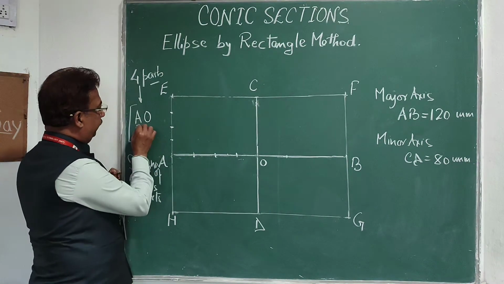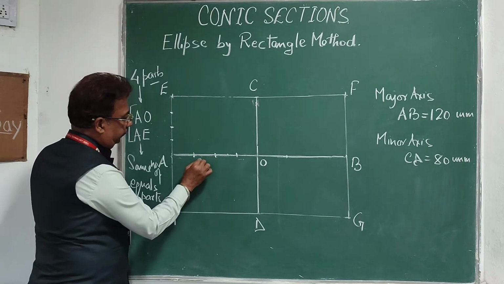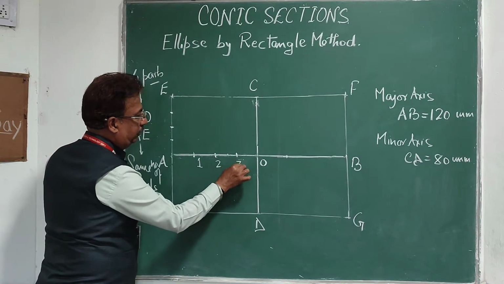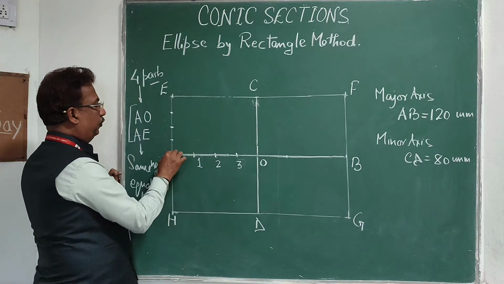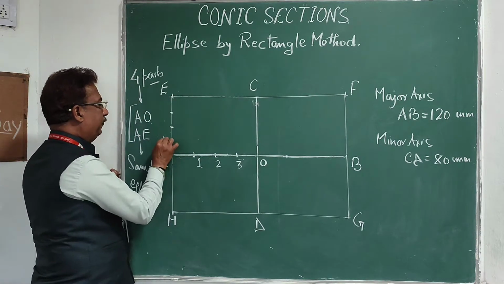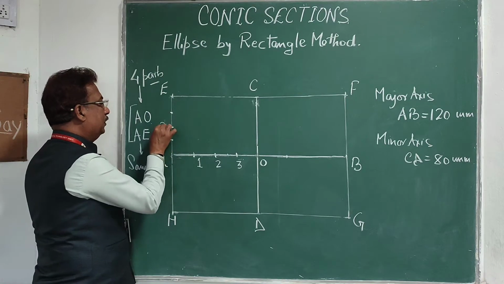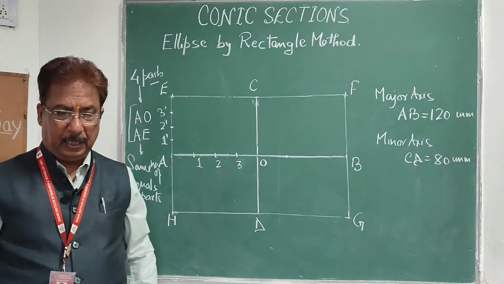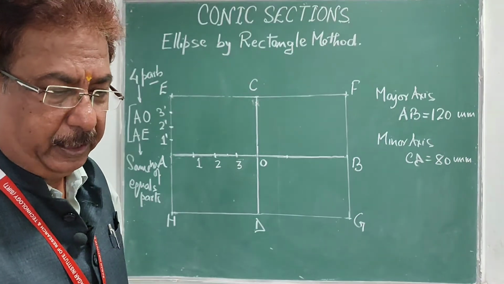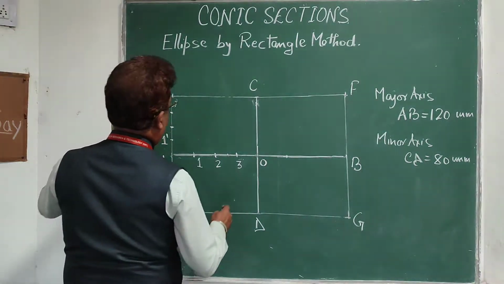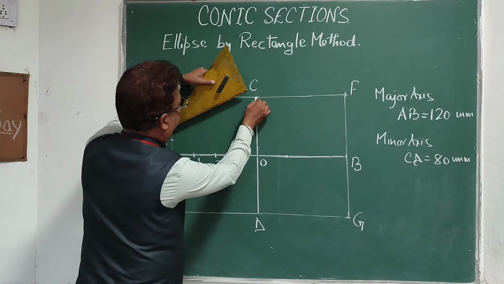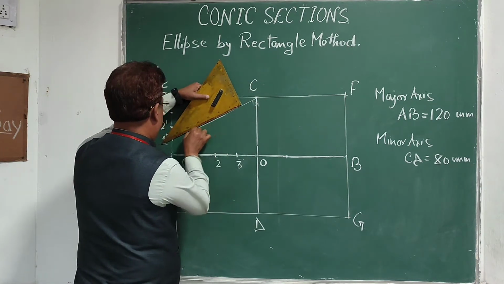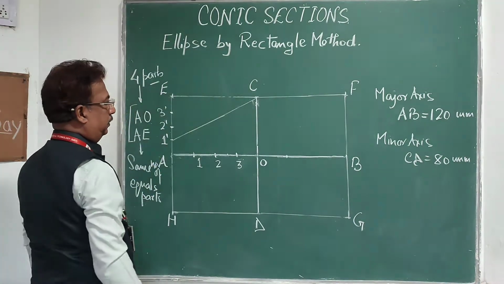Now I will name A towards O, 1, 2 and 3, then same again A towards C, I will name 1 dash, 2 dash and 3 dash. After doing this, I am going to join this C point with 1 dash, like this.